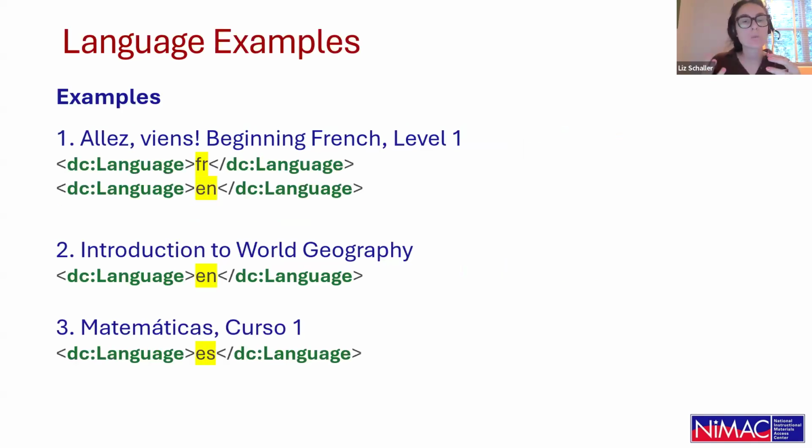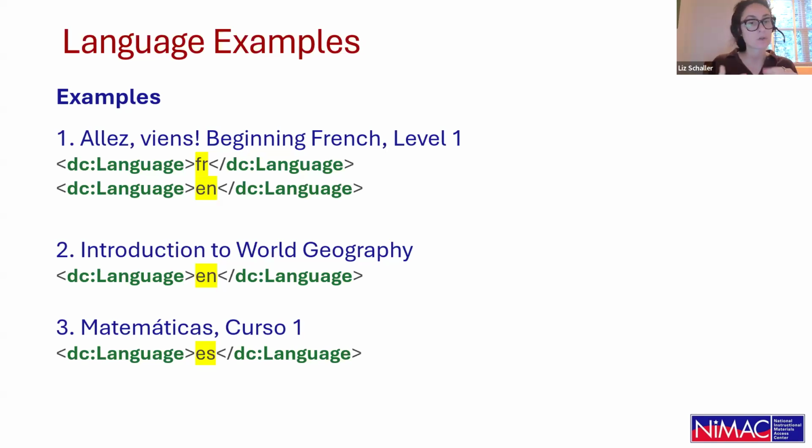So when you are working on a textbook that is teaching a foreign language, typically you would supply 2 languages. You would supply English, but then you would also supply the language that's being taught. So in this first example, you have both French and English.